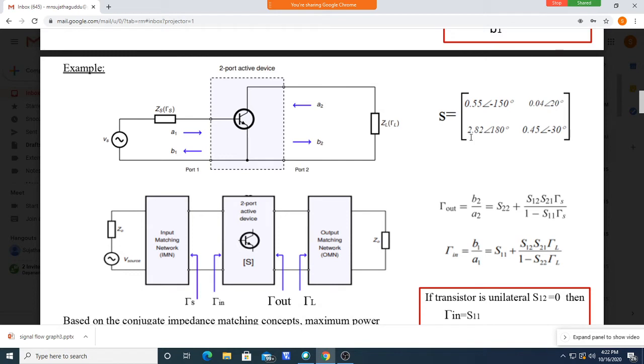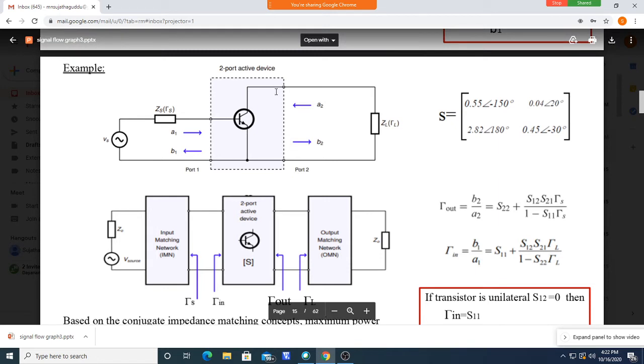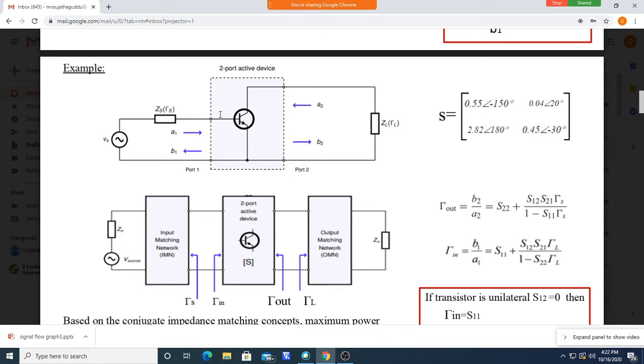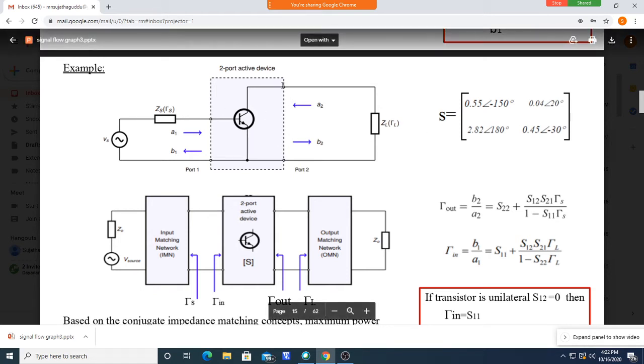S21 is usually greater than 1, here 2.82, with a 180-degree phase shift. In a common emitter, as you know, the collector output is always 180 degrees phase shifted with respect to the input. You studied that in some course, I think. So here S21 is nothing but the output with respect to the input.